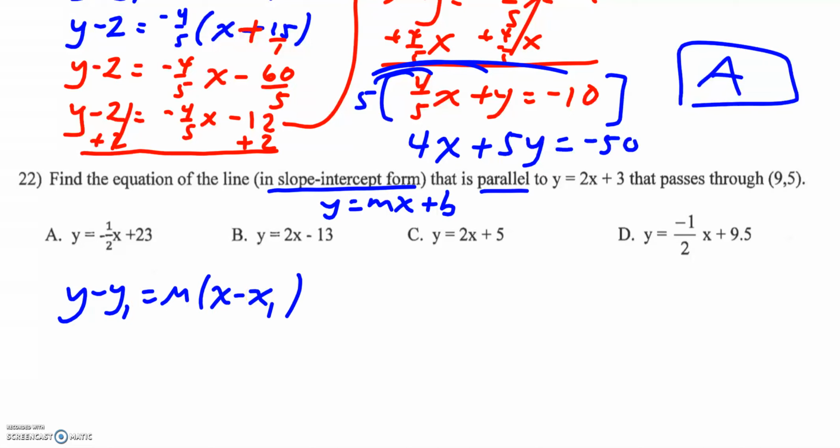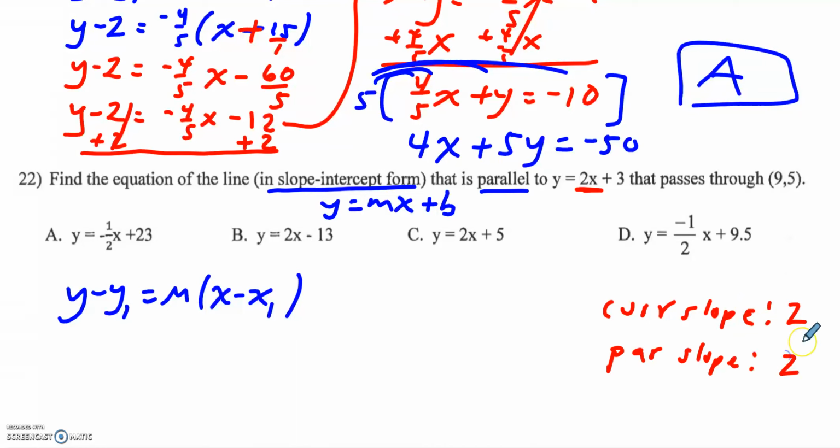But first, if my current line is y equals 2x plus 3, my current slope is 2, or 2 over 1, which means that my parallel slope also has to be 2, or 2 over 1. If you remember, parallel lines never touch, and the reason they don't is because they're rising or falling at the same rate or same slope. So the slope I'm going to be using is 2.